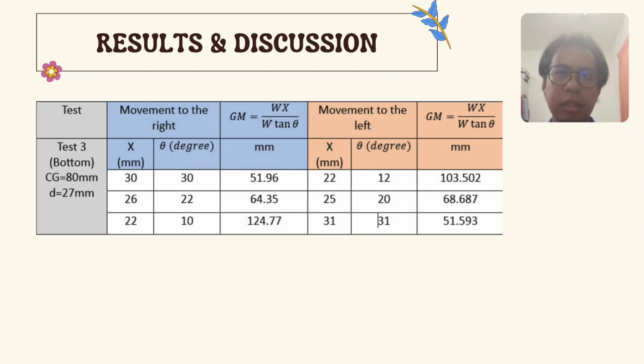Left tilts maintain strong stability, though slightly less than right tilts at equivalent angles. The 10 degrees right tilt achieved the highest GM, which is 124.77 mm, proving this configuration resists small disturbances exceptionally well. These results confirm that lowering the CG significantly improves stability while maintaining good symmetry between left and right tilting responses.